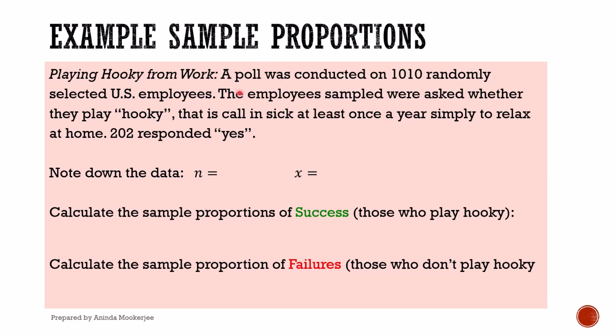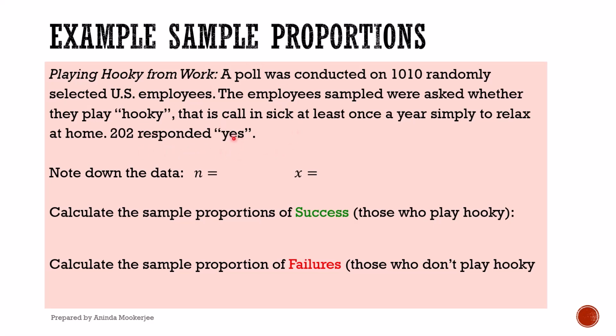I'm going to read through it one more time because this has a piece of extra information that was not included in the previous slide. It says here, poll was conducted on 1,010 randomly selected US employees. The employees sampled were asked whether they play hooky, that is, call in sick at least once a year simply to relax at home. 202 responded yes.